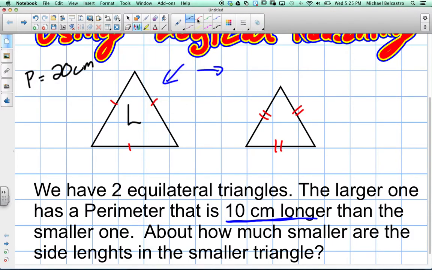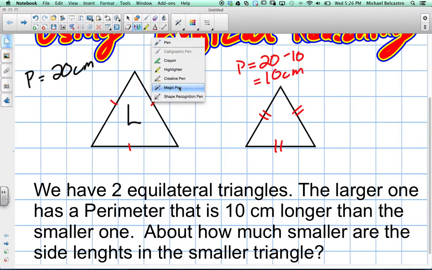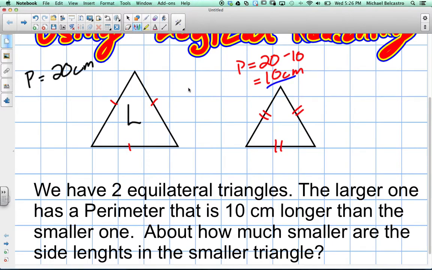You have to make it 10 centimeters smaller. Well, it's not technically half because it's not half the size. We need to just subtract by that amount. Subtract 10 from 20, which is 10. You're right, you've got to make that small triangle 10 centimeters.